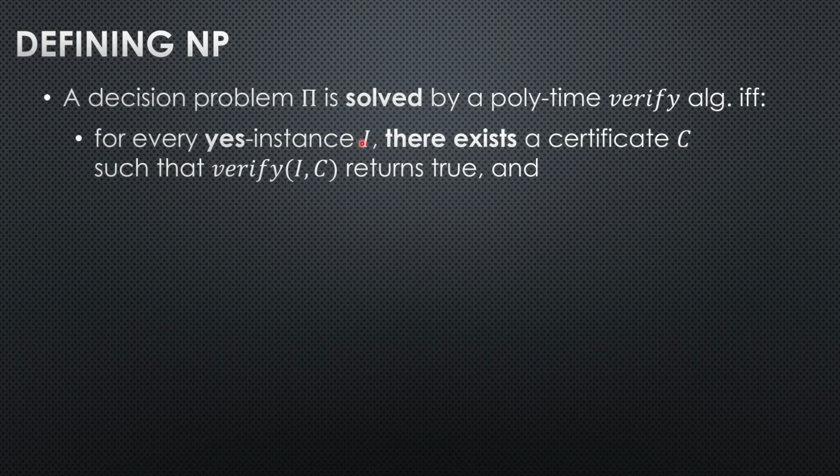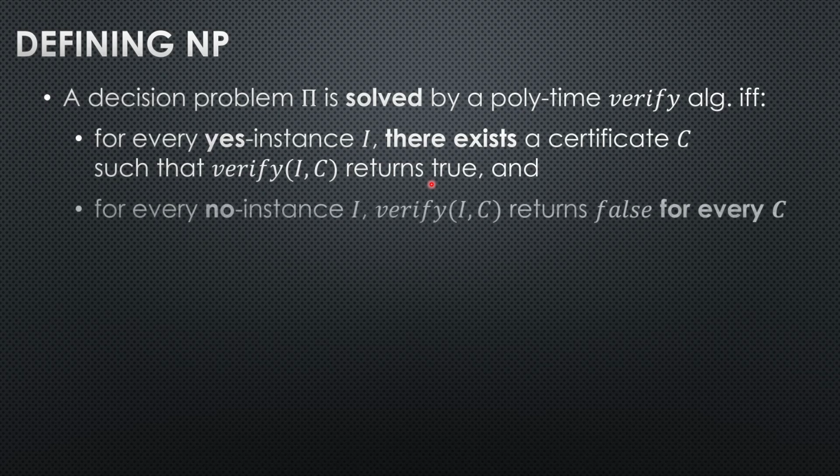Then your verify algorithm can check whether the certificate represents such a proof that the correct answer to this instance I is yes, and return true in that case. So for every yes instance I, there should exist a certificate proving that the correct answer is yes, and your verify should, upon receiving that certificate, return true, say the answer is yes.